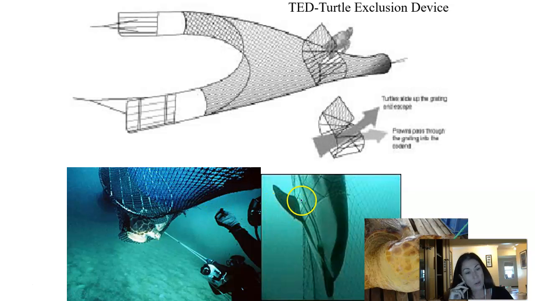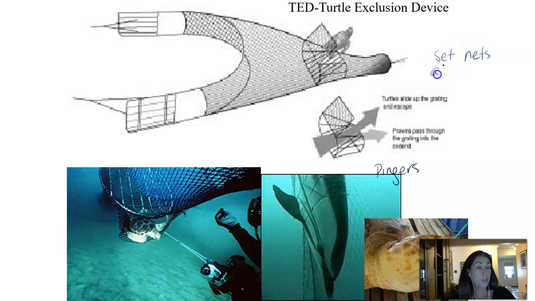Now here you see a dolphin that got captured in probably a gill net. And what you might see on some nets is they might put pingers on there to send out a sound that our marine mammals are particularly sensitive to, and that might help them to avoid it. Another thing you can do to avoid bycatch is to set your nets at certain levels.